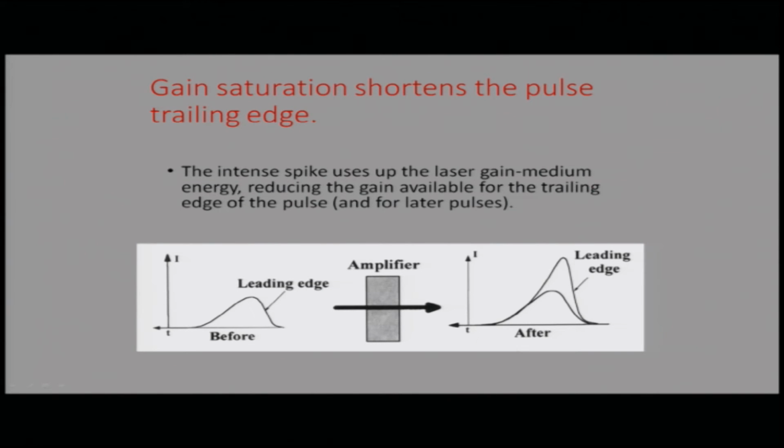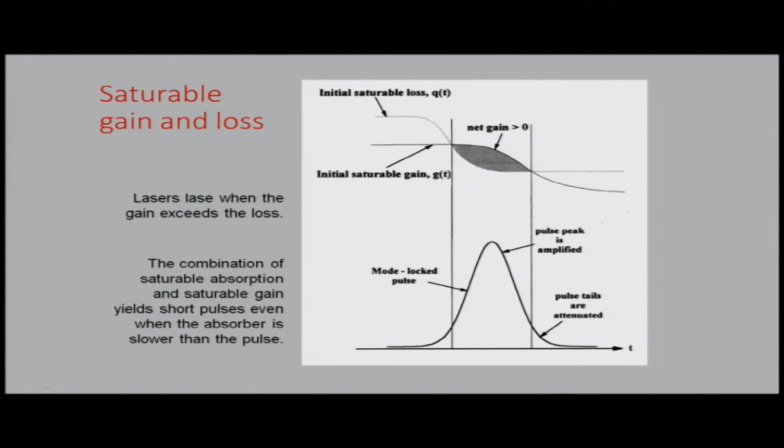The gain saturation essentially shortens the pulse trailing edge, and so the leading edge becomes faster, and the reduced gain is available for the trailing edge of the pulse and for the later pulses. So, there is this overall curve of initial loss versus gain, and you can see that the peak pulse is getting amplified more and more, where the mode locking is going to be achieved, and the tails are getting attenuated.